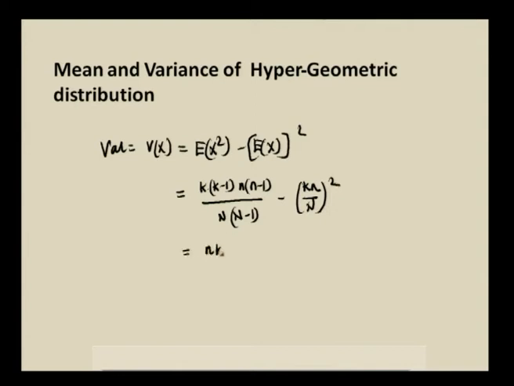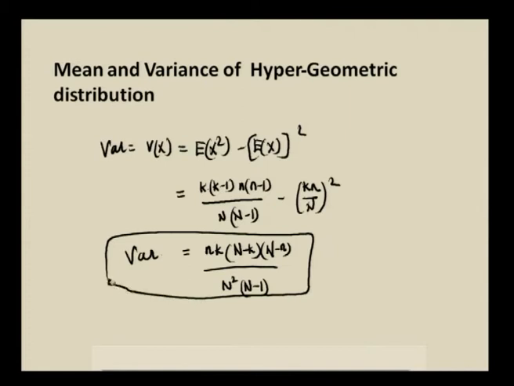And this gives you the answer nk into (N minus k) into (N minus n) by N square into (N minus 1). This is variance. We have found out the mean and variance of the hypergeometric distribution. Although the calculation is very lengthy, it is very important to derive the mean, variance and moment generating function for all the distributions. We shall discuss some illustrations.